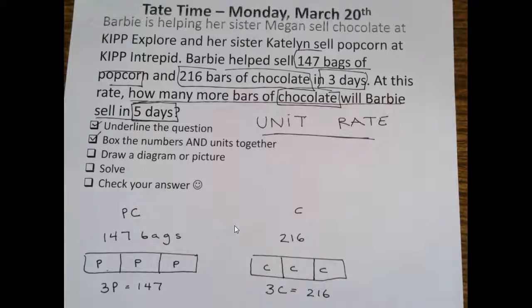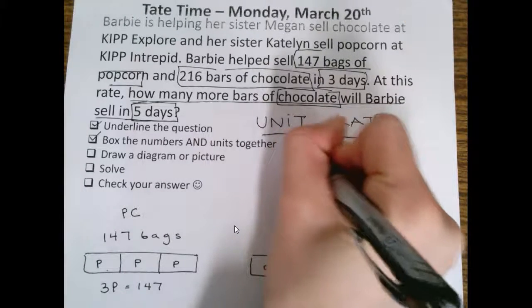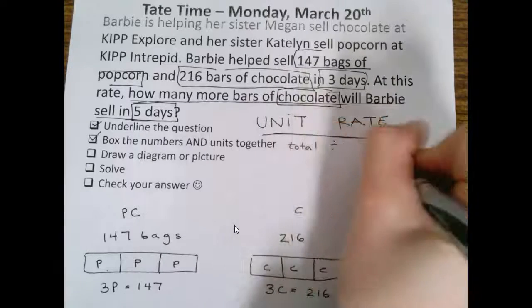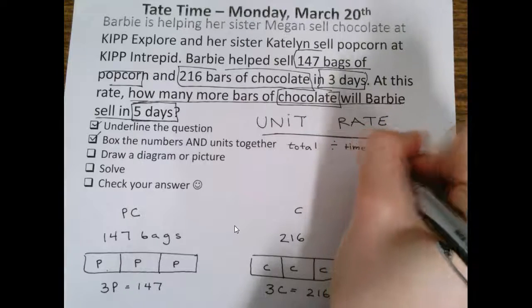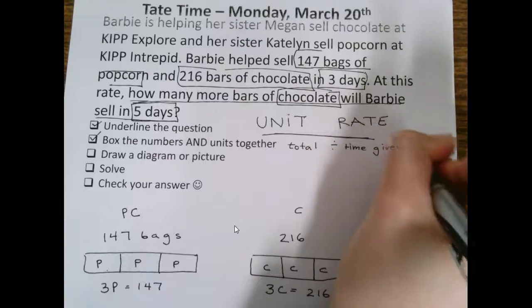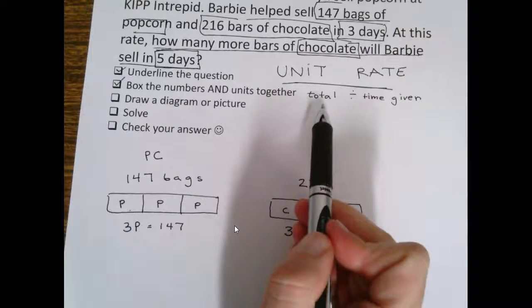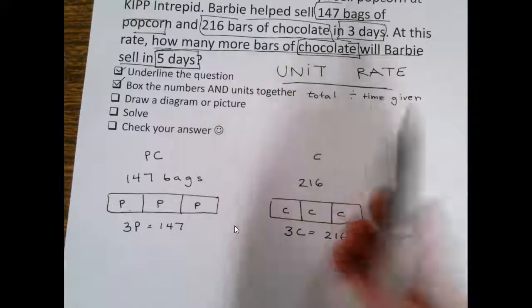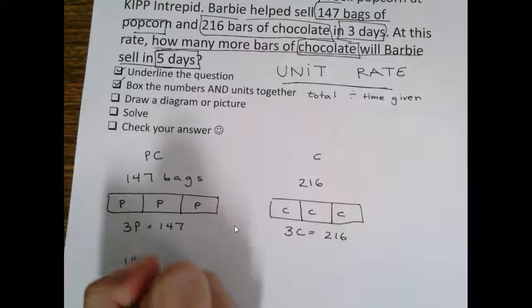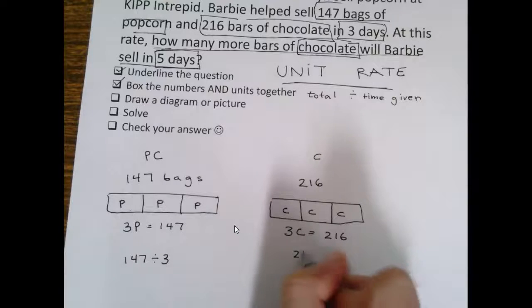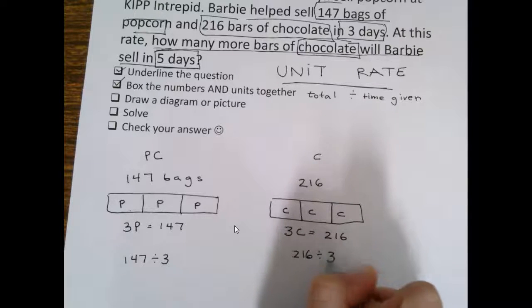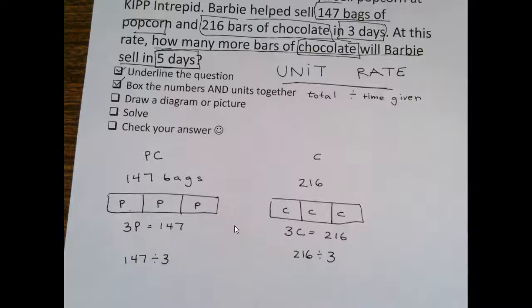So looking at this, what I need to do to figure out my unit rate is to take the total and divide by the time given, because this will give us how many per 1 day. So if I know that she can sell this in 3 days, if I divide by 3, I'm going to figure out 1 day. So right now I'm going to do 147 divided by 3, and I'm going to do 216 divided by 3, because both of those are rates in 3 days. So let's check it out.